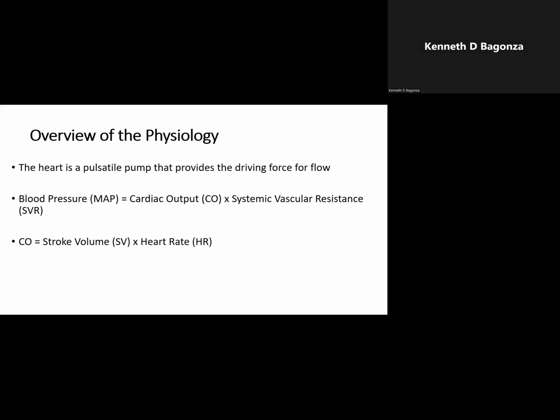So electrical cardioversion, we just generally deliver electrical energy into a patient, but in a synchronized manner. Synchronized essentially means that the point at which you deliver the energy has to be at a specific time within the electrical cycle.